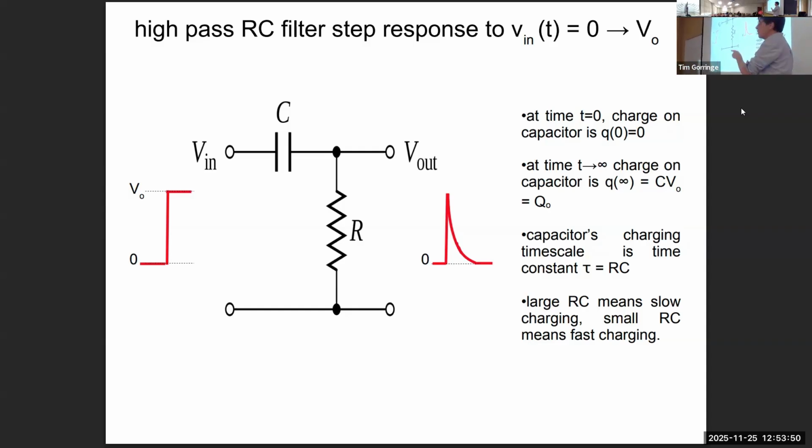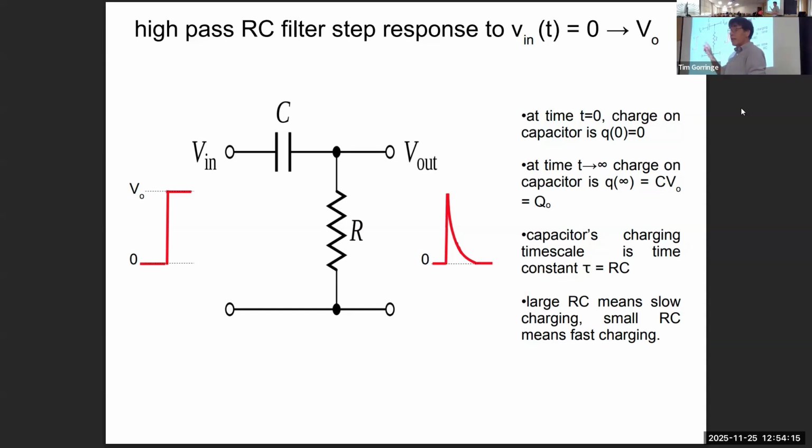So what's happening here, you put in the step function. When you apply a voltage across the resistor and capacitor arrangement, again, that voltage will cause a current to flow, which is going to charge up the capacitor. So while the capacitor is charging up, there is a current that's flowing, and we're seeing the voltage across the resistor due to that flowing current.